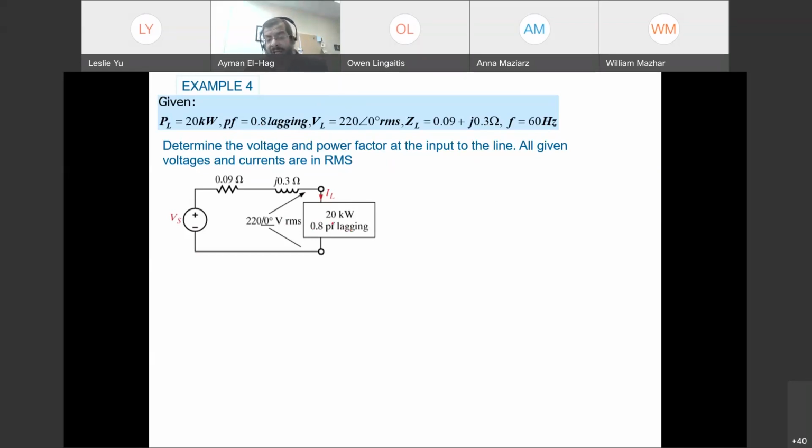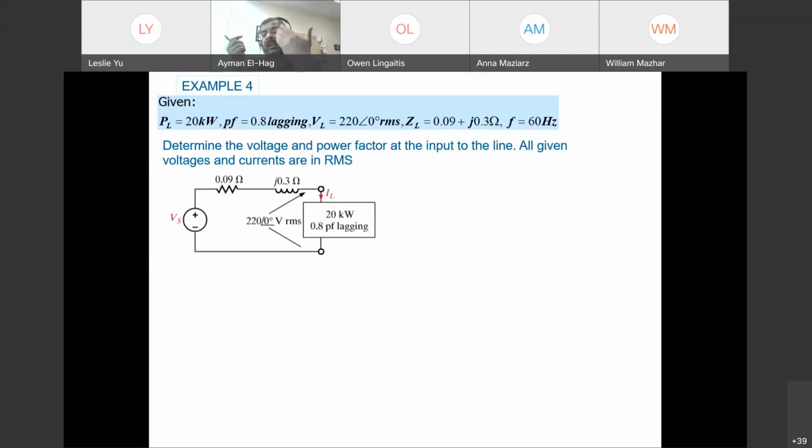The voltage here at the load, as I said, you know the voltage at the load is 220 angle of 0, and usually we have it as an angle of 0. It doesn't really matter, but it's easier when you give it 0 as a reference, because the power factor angle is the difference between the angle of the voltage and the angle of the current. So let's assume this angle difference is 30, minus 30 if it's lagging.